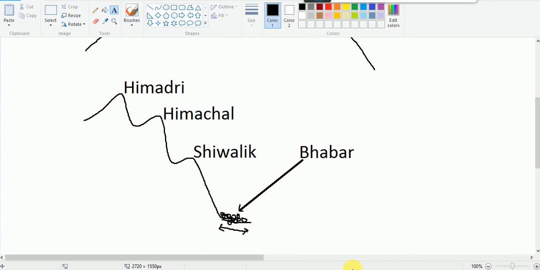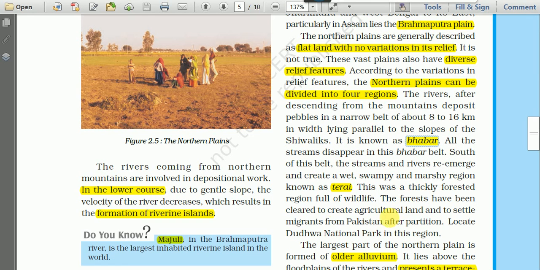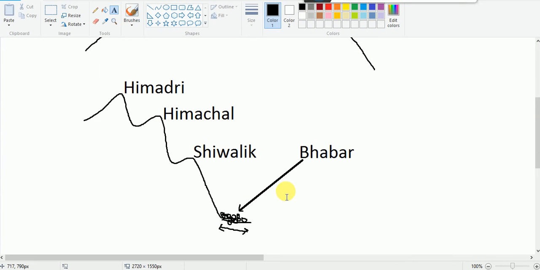Since the surface is covered with pebbles and sand, all the streams flowing down from the Shivalik disappear in this Bhabar belt.